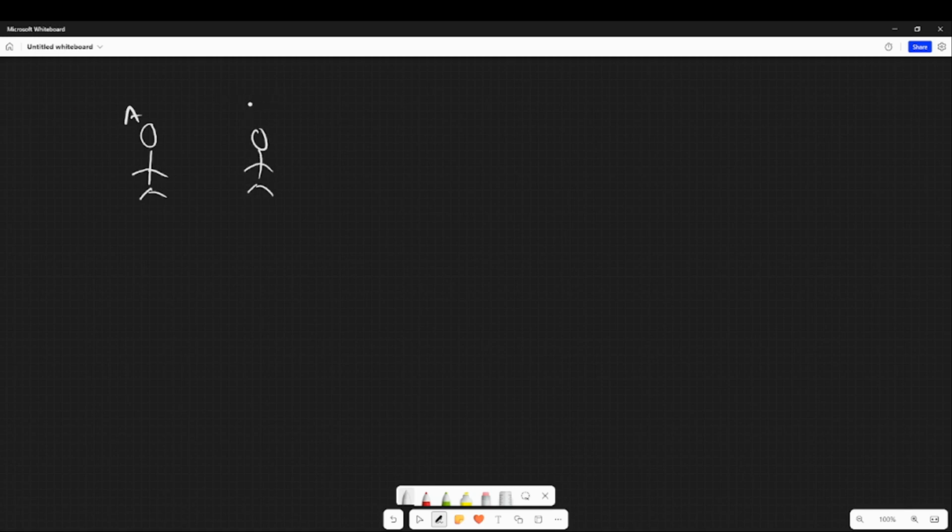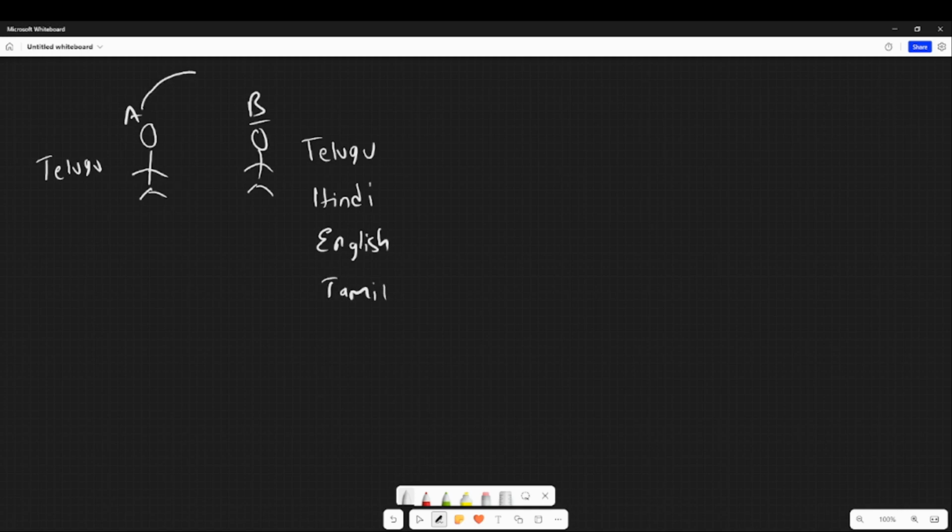This is the second scenario. Candidate A only knows Telugu, while candidate B knows multiple languages like Telugu, Hindi, English, and Tamil. If candidate A wants to communicate with candidate B or know his information, he will talk in Telugu.